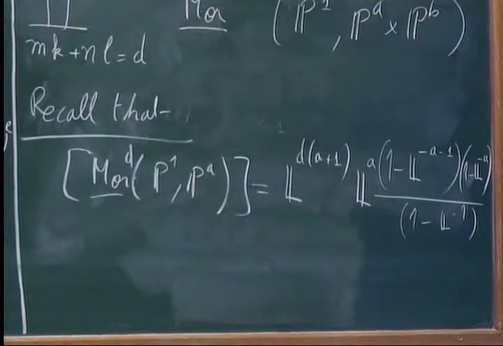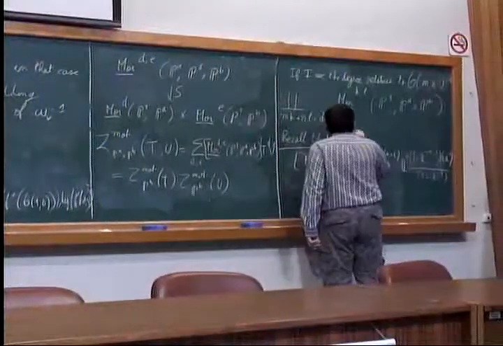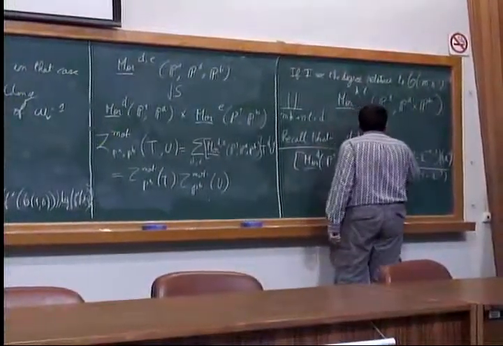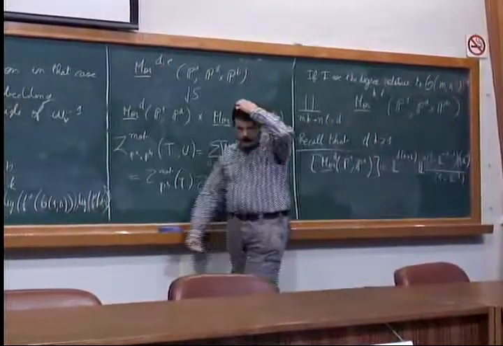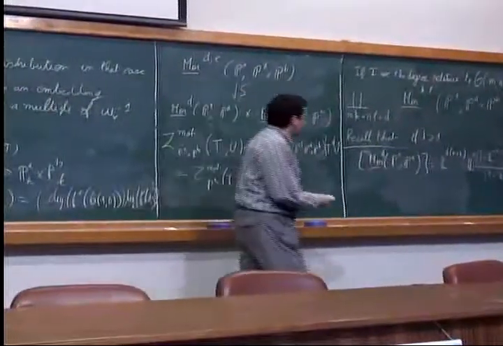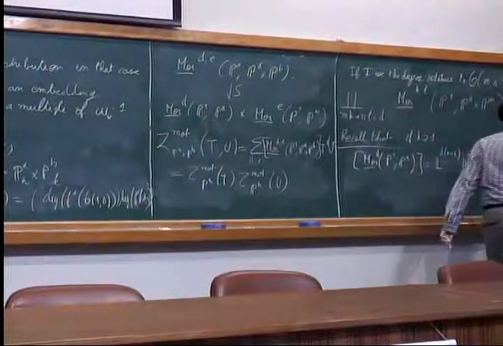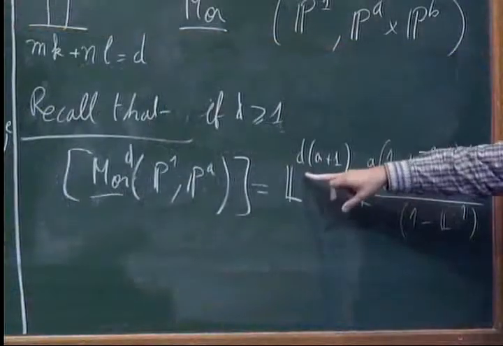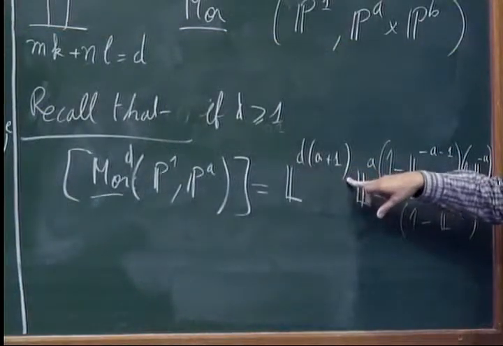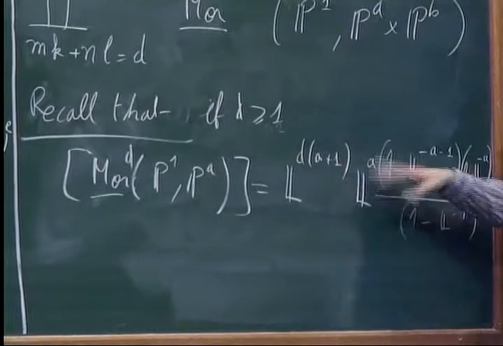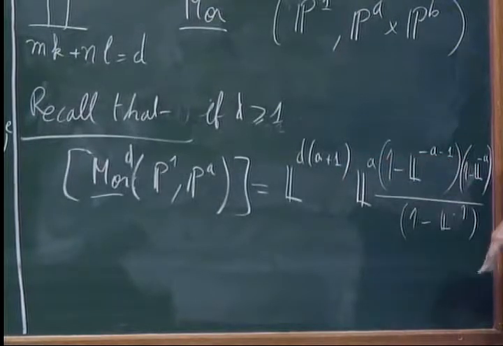Well, I should say this holds if d is bigger than 1. So up to some constant, one should remember that the dimension we get is d times (a plus 1), up to something which is bounded.